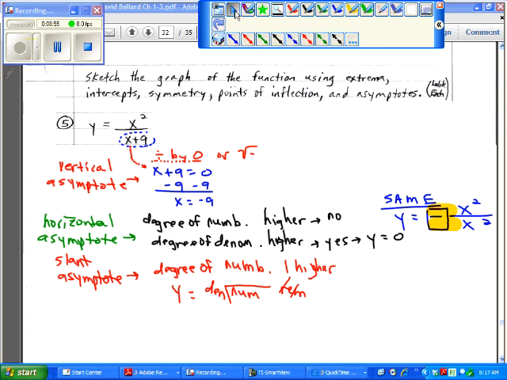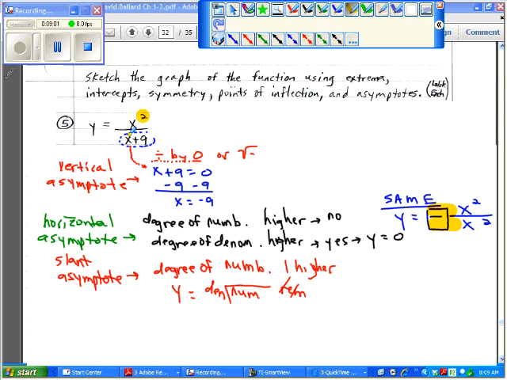Okay, so in this situation, the degree of the numerator is bigger than the degree of the denominator. Since the degree of the numerator is higher, then there is no horizontal asymptote. So for horizontal asymptote, we would put none.